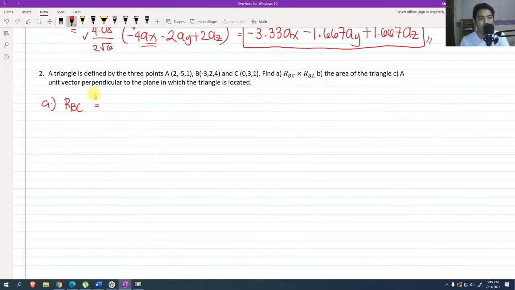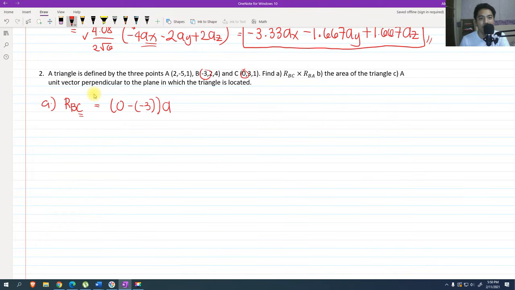The terminal point here is C. So we start from C. So we have 0 minus 2 AX. So that is 0 minus, I'm wrong again. Okay? It should be BC. So please forgive me. So we have RBC. So we have 0 minus negative 3.